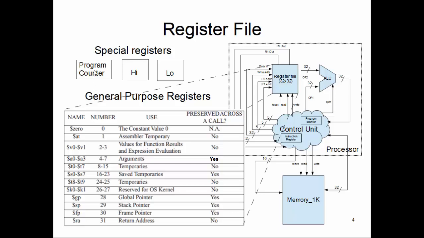We'll discuss the program counter and high and low. The program counter we all understand, it is containing the address of the instruction to be fetched next.